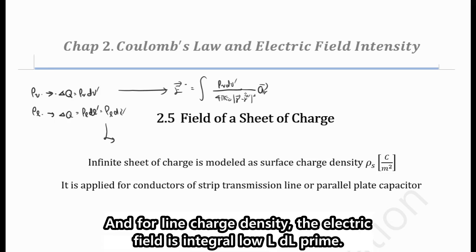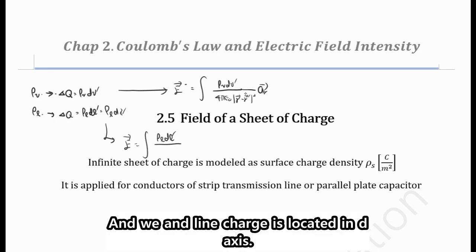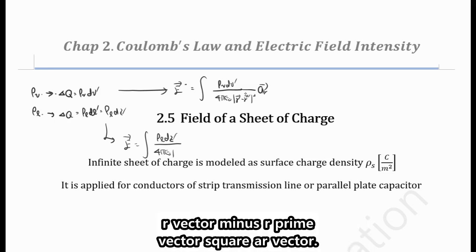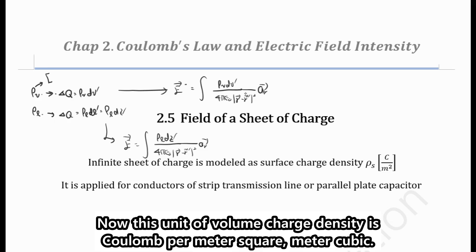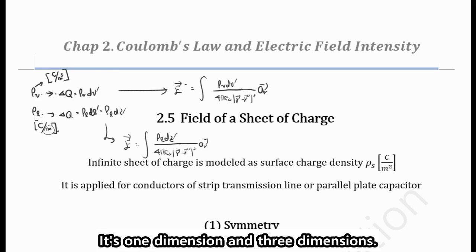For line charge density, the electric field is the integral of rho L dL prime over 4 pi epsilon 0 magnitude of r vector minus r prime vector squared, times aR vector. The unit of volume charge density is coulomb per meter cubed, and the unit of line charge density is coulomb per meter. That is, three dimensions and one dimension.